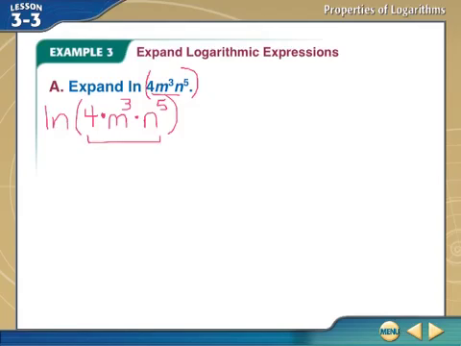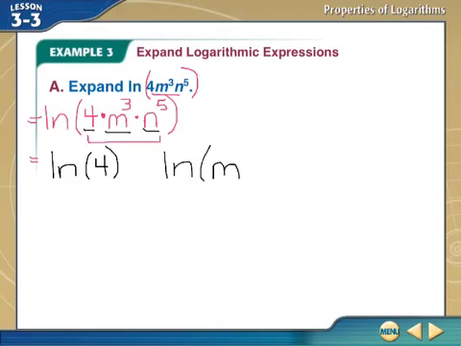Since we're taking the product of these 3 things, we can use the product property as one way to expand this expression. I'm going to give each individual term its own logarithm: natural log of 4, natural log of m cubed, or m to the third, and natural log of n to the fifth.